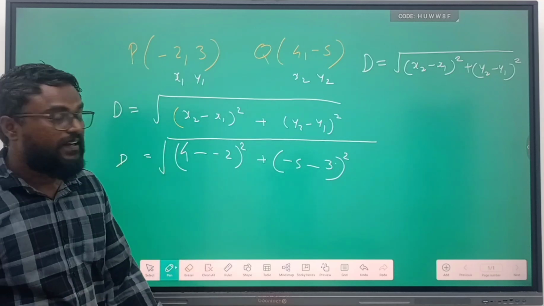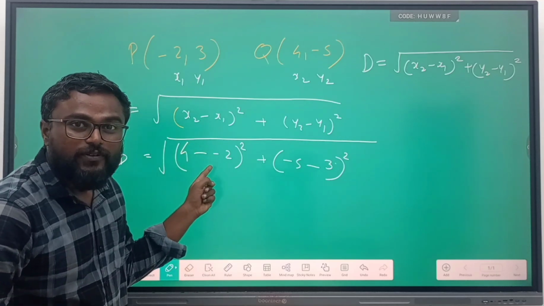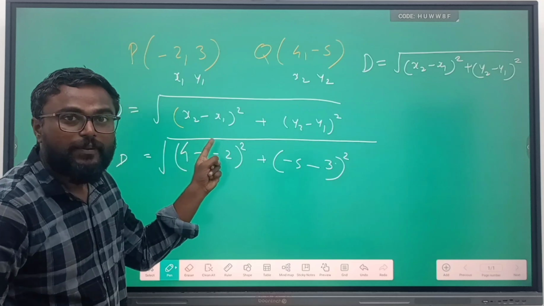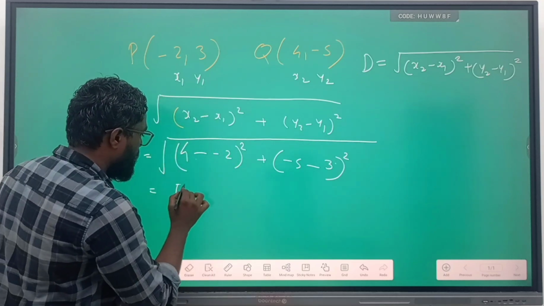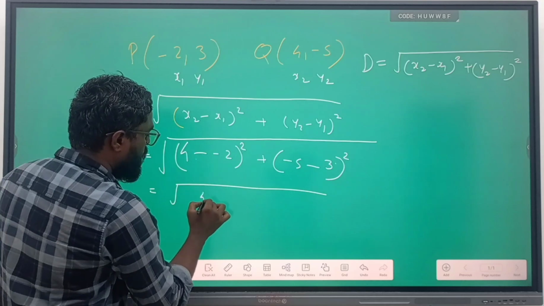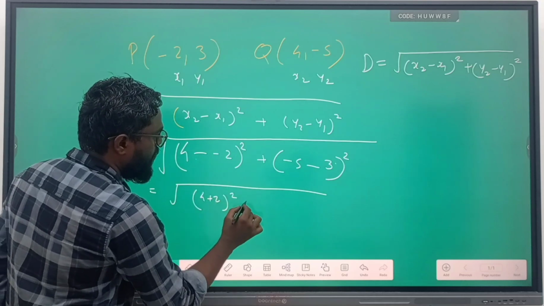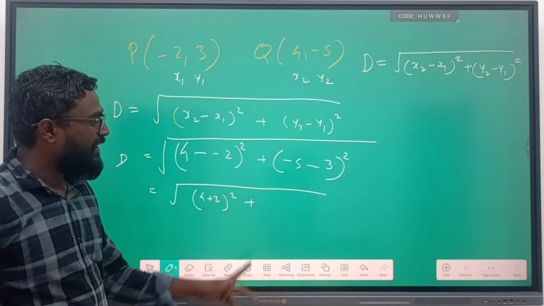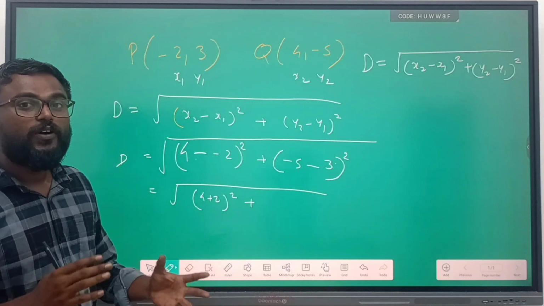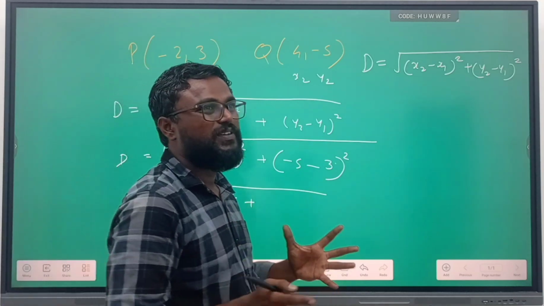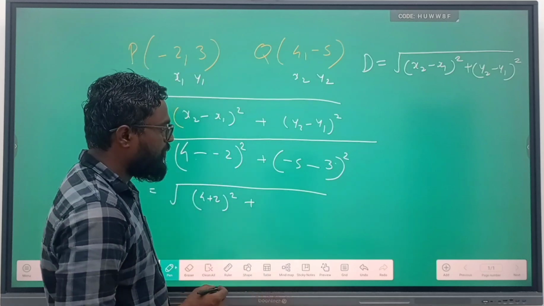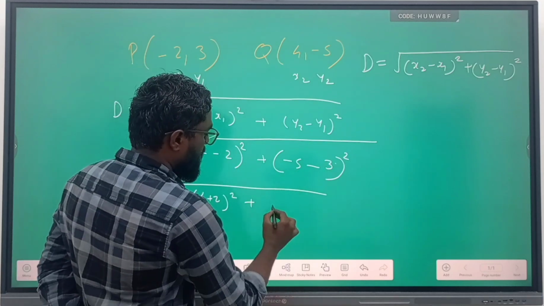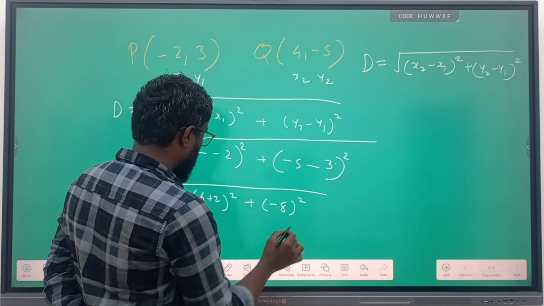If I solve it now, there are two negative signs, guys. Negative times negative becomes positive. So under the root, 4 plus 2 whole square plus negative 5 minus 3 whole square. Whenever you are adding or subtracting two numbers with the same sign, you add the numbers and take the sign of the numbers. So this becomes negative 8 whole square.